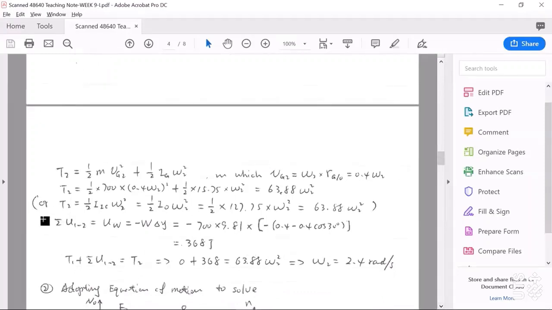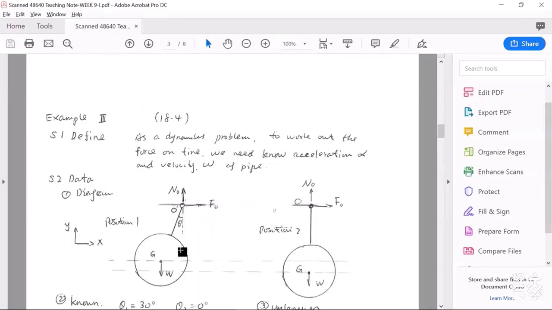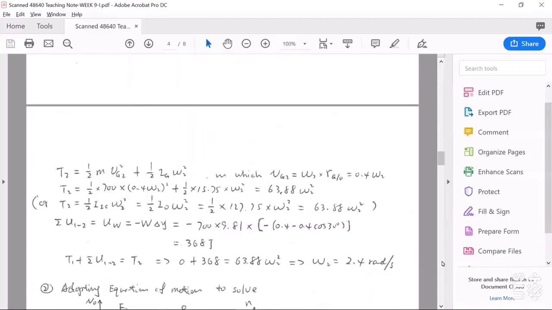Work done by external force. In this problem, the only external force that can do work is this weight force W. The displacement for this weight force W is from here to here. This vertical distance can be worked out using this calculation.